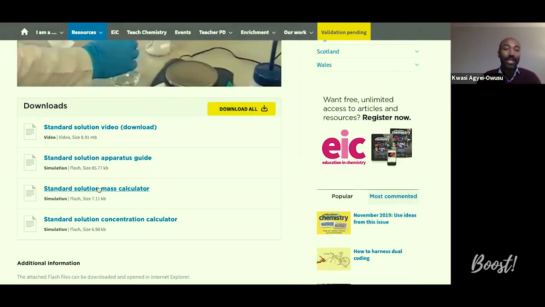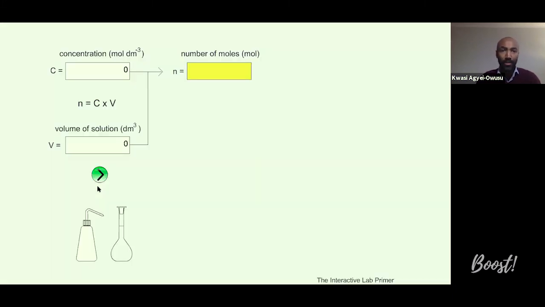There is a handy calculator here for working out masses needed for particular concentrations. So, for instance, we're saying a 1.0 mole concentration, and you've got here a volume in decimeters cubed of, let's say, 0.5.